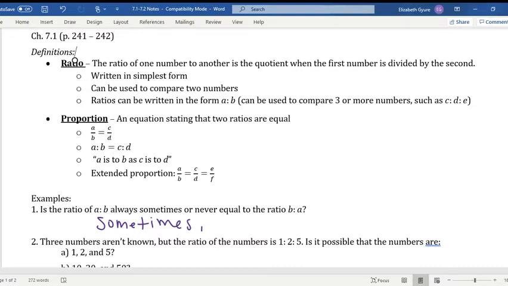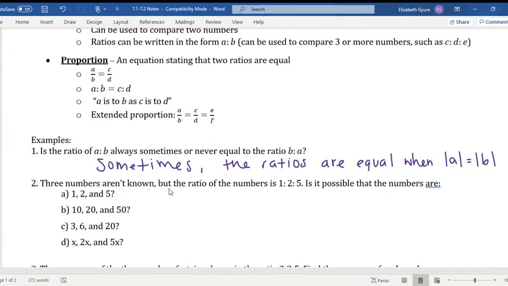So sometimes, and I'm just going to put a little addition here, that the ratios are equal when the absolute value of A equals the absolute value of B. So basically when A and B are equivalent, it will work. Good.